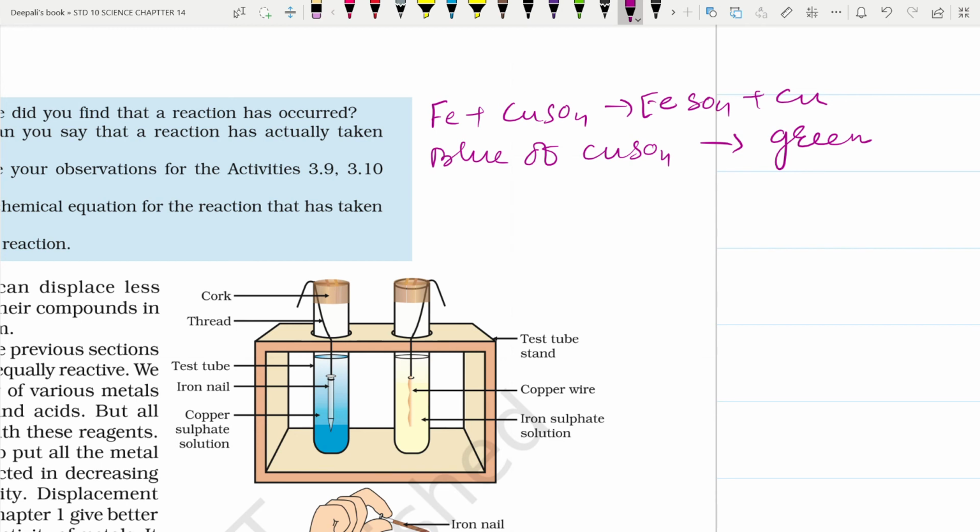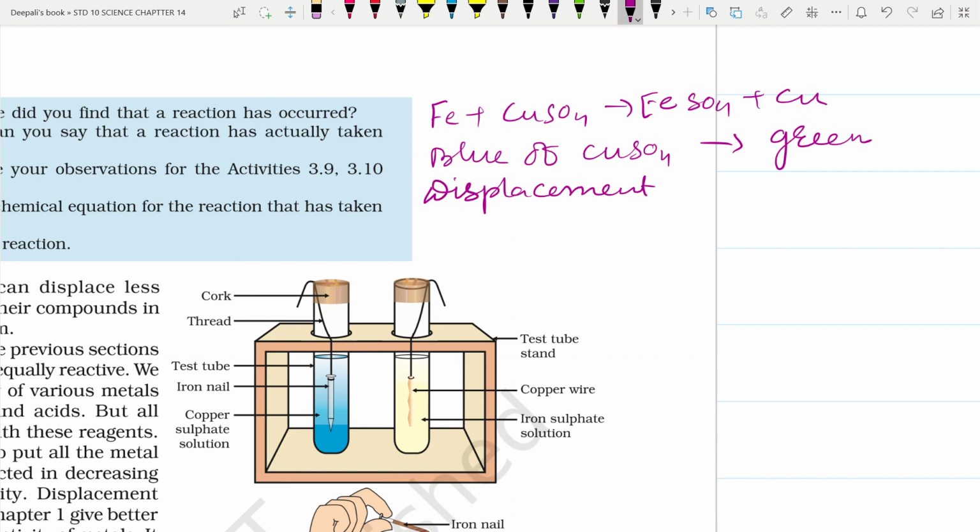It is a displacement reaction where copper was displaced by iron. Because iron is more reactive than copper, the reaction does not take place in the other test tube. The reaction in which a more reactive metal displaces a less reactive metal from its salt solution, or from its molten state, is called a displacement reaction.